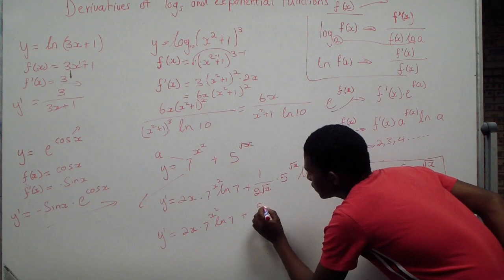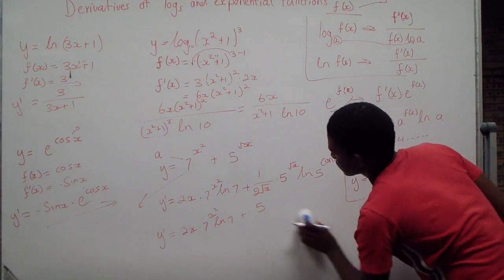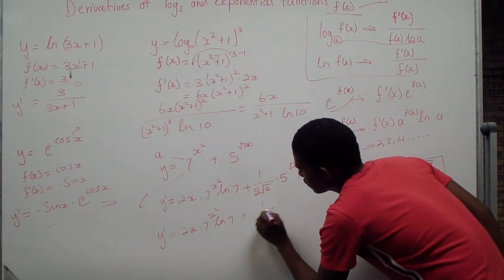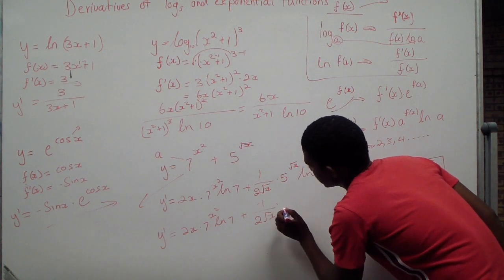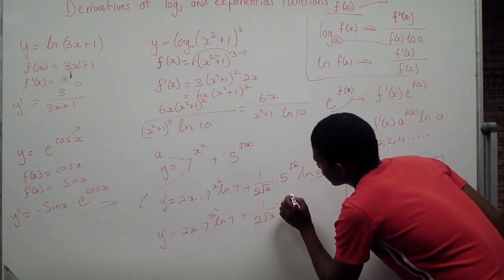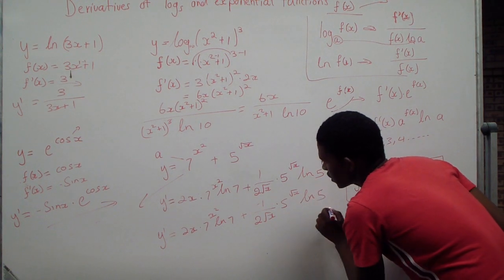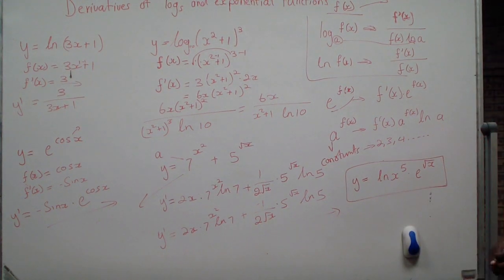So it will be 1 over 2 square root x multiplied by 5 to the power square root of x, ln 5. So this will be your answer.